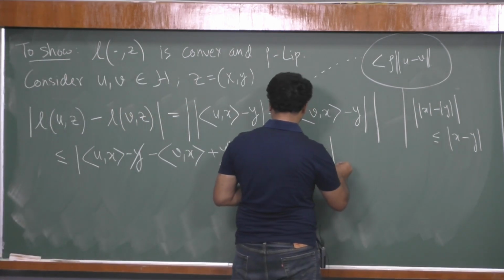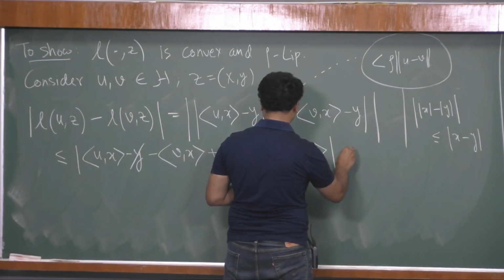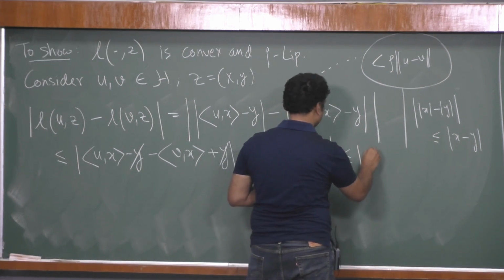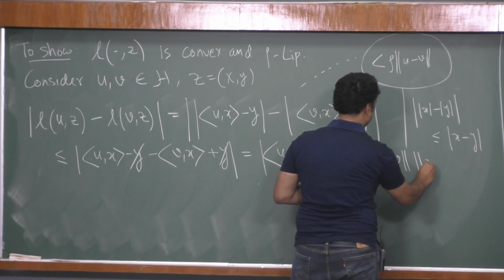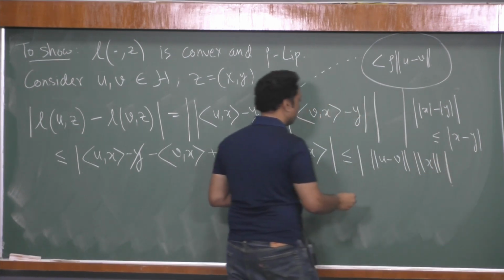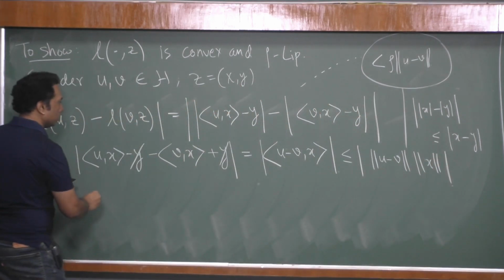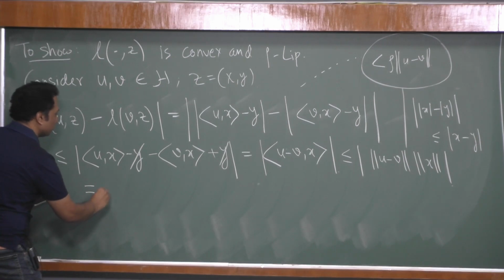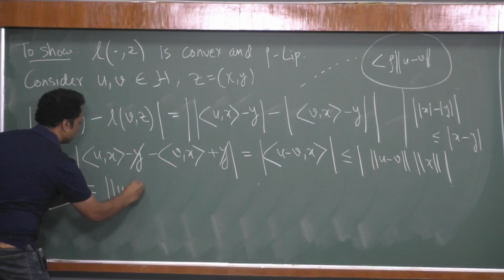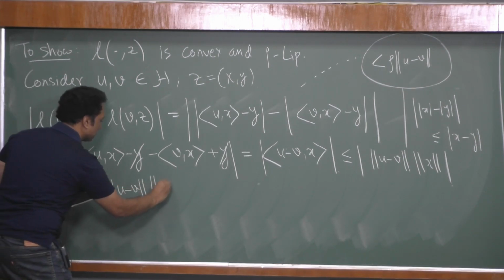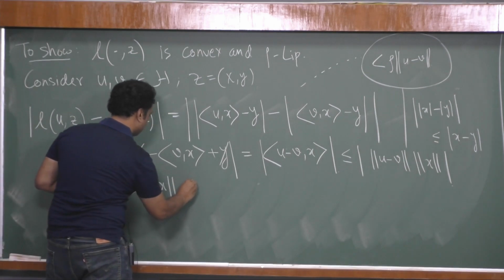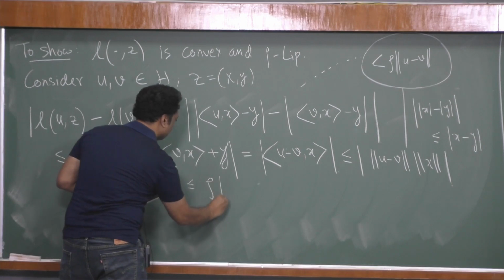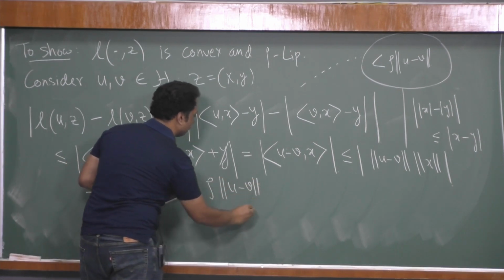So this is less than or equal to the norm of U minus V times the norm of X. All are norms, so the mod can be removed. Then it's given that the norm of X is less than or equal to rho, so it becomes less than or equal to rho times the norm of U minus V.